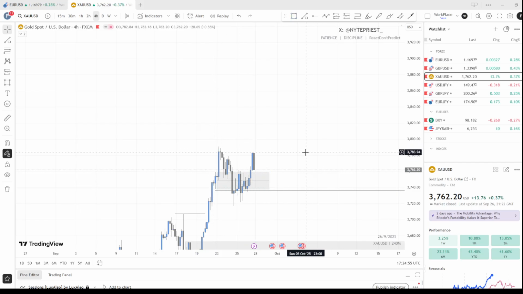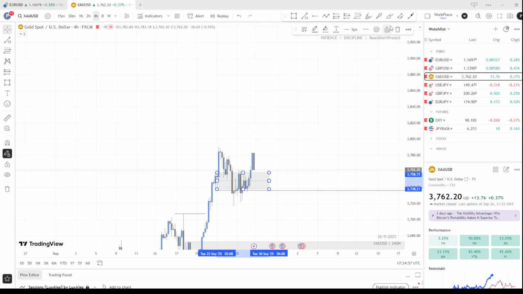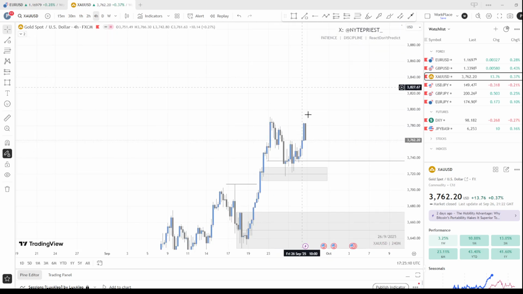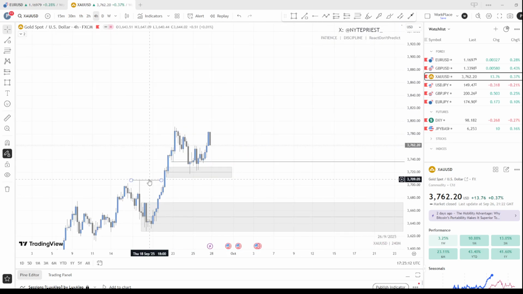We had a demand fill here. Okay. But price indicated this extreme demand, and we are dishing out to break the structure. Okay. And on the 4-hour time frame, we have a break of structure here.